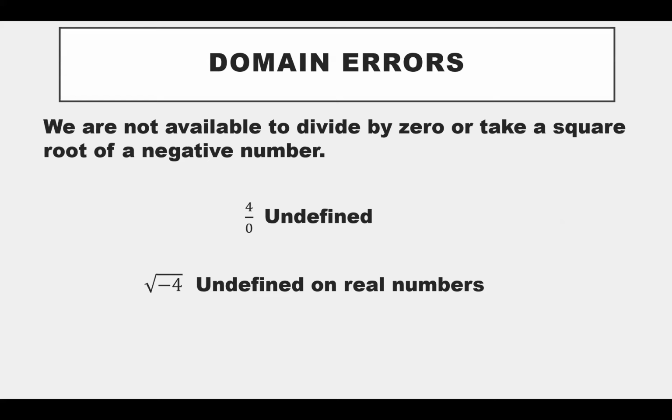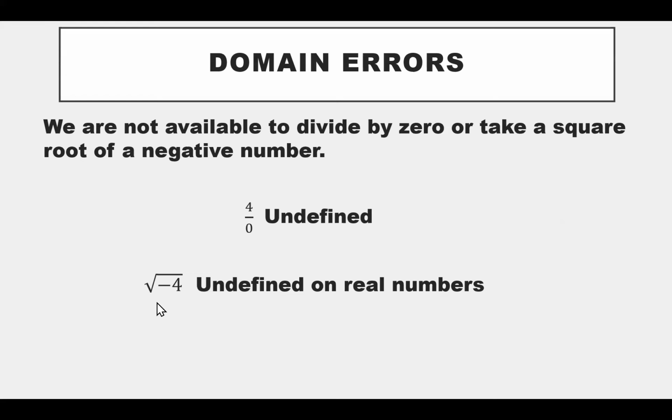Specifically, if I plug in a number and the expression forces me to divide by 0, or if the expression forces me to take the square root of a negative number, then I'm no longer on the real numbers. When I divide a number like 4 by 0, that expression is undefined.